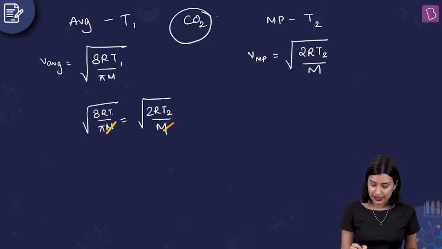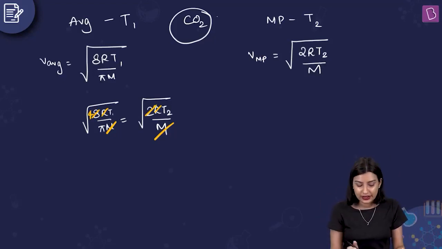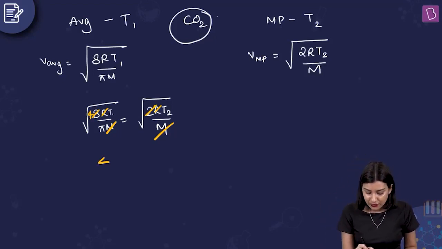M and M will get cancelled, R and R will get cancelled. This will cancel out once and you will get a 4 here. Since it's root on both sides, I can already square it. So what you get is 4 by pi T1 is equal to T2.